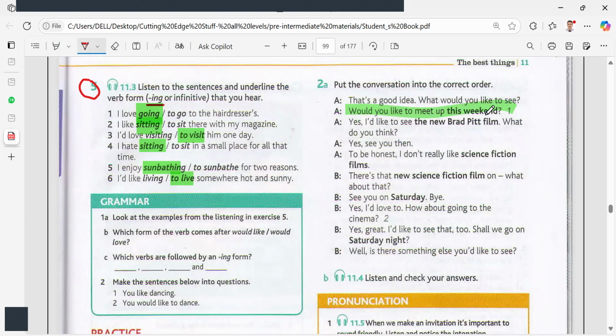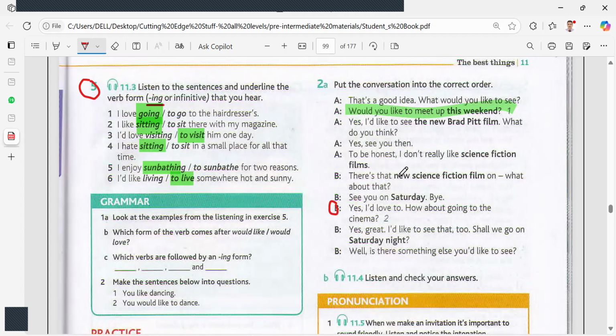Would you like to meet up this weekend? So this is number two. Yes, I'd love to. What about going to the cinema? So 1 and 2 finished.